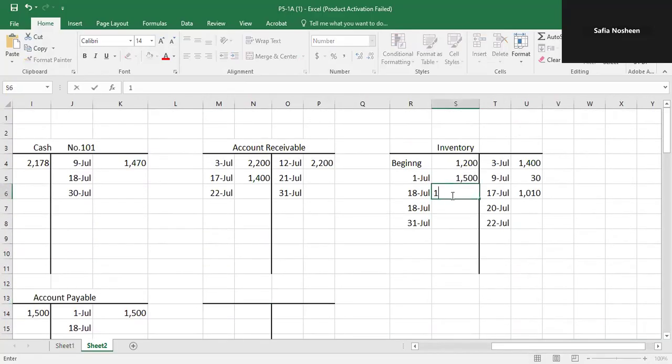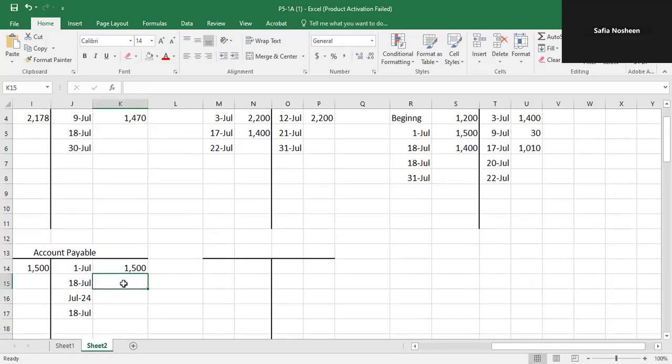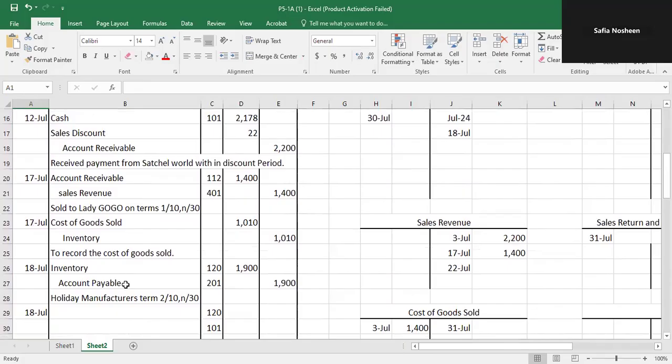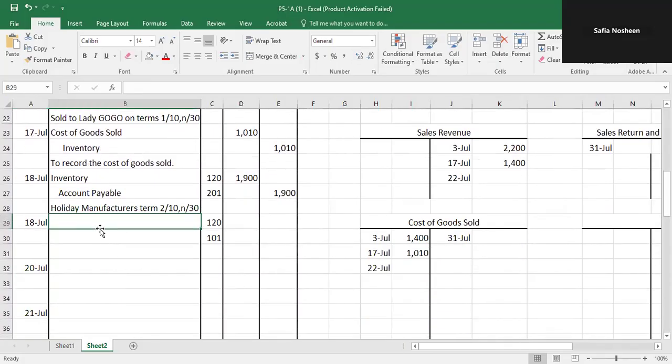Inventory 1400, accounts payable 1400, and now we will record the freight charges, as these freight charges directly increase the cost of the inventory. So the inventory will be added.